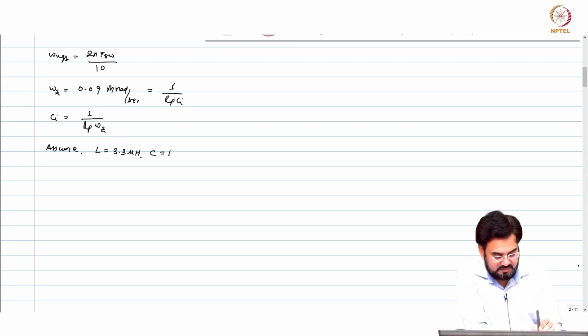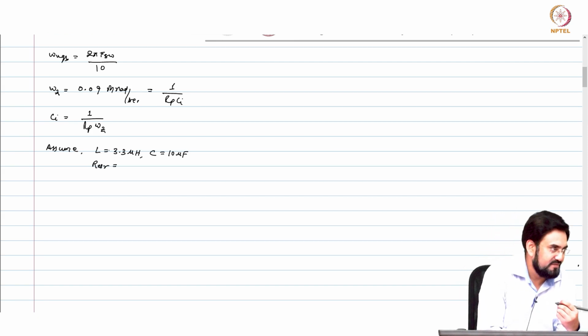C equal to 10 microfarad. RESR, I think we calculated some 0.5.